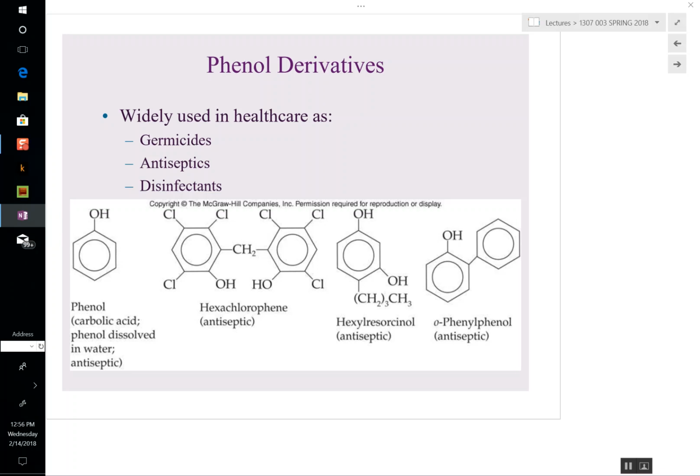All right, there's 6 chlorines on there. Hexylresorcinol. Hexyl. I don't know why they're getting that. There's 1, 4, hexyl. Oh, that's interesting. I don't even know why it's called that, but there it is. Resorcinol must be this double OH.